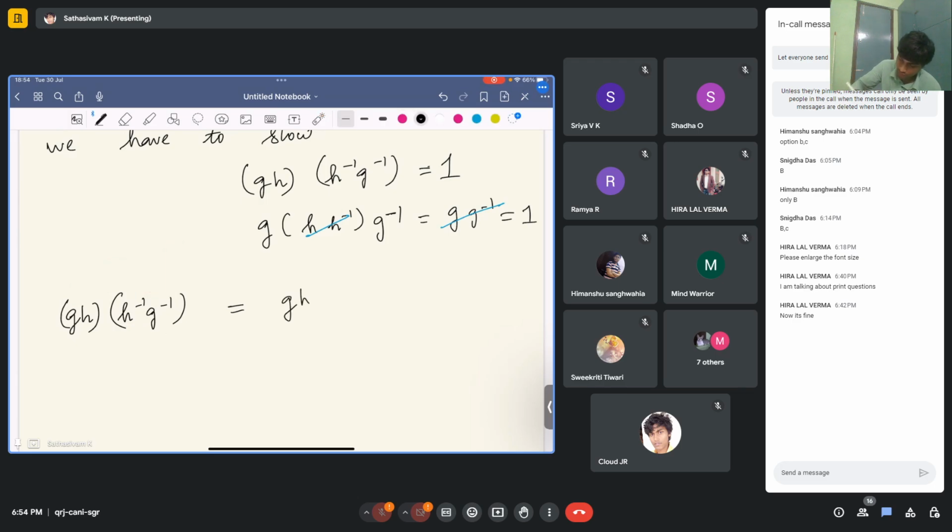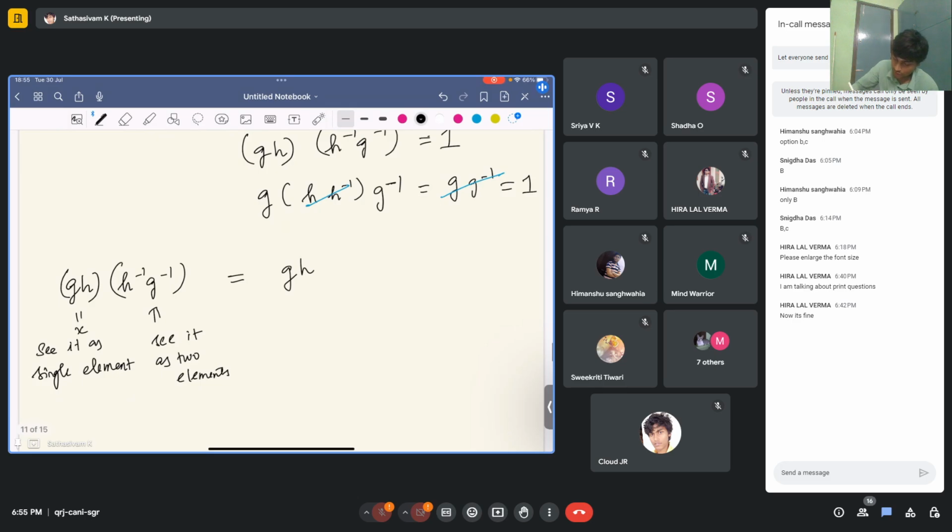I'll see it as a single element, and this one you see as two elements. So this is GH, just one element, and then you will get H inverse. And then G inverse.